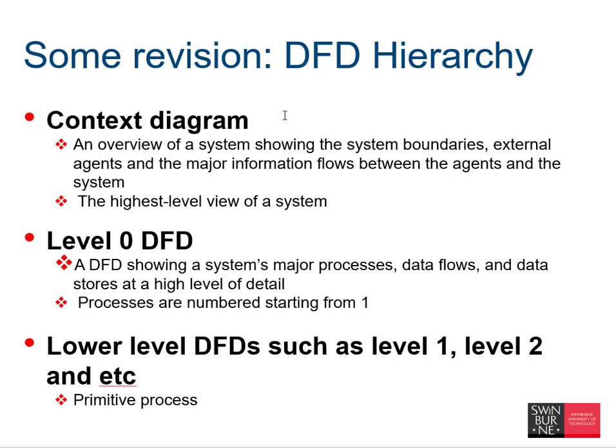So these external agents are also shown in the context diagram. And then we show the major information flows between these external agents and your system. These are the things that we show in your context diagram, the highest level diagram. It's a kind of bird's eye view of the system.